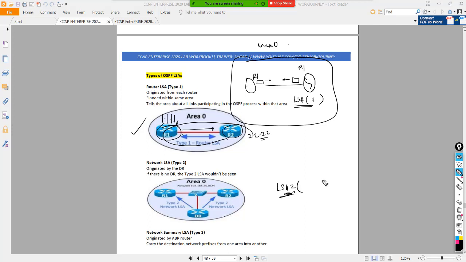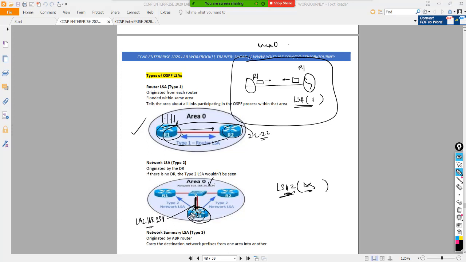LSA2? LSA2 is generated by the DR, the designated router, in the case of multi-access. So let's say this is the DR. Now the DR is going to broadcast its network address. Let's say this network is 192.168.23.1.